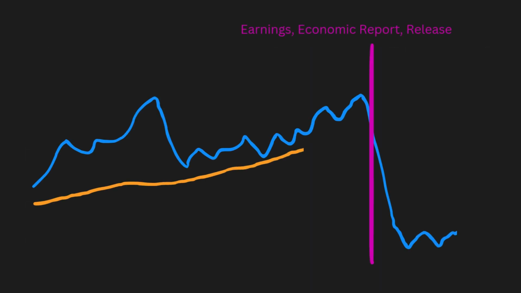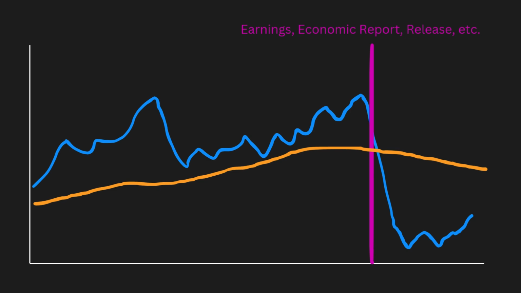This drop often happens when a significant market event that the market was anticipating, such as an earnings report, economic announcement, product launch, or other major news, occurs. Since implied volatility heavily influences the extrinsic value or time value of an option, a rapid decrease in IV can lead to a substantial loss in the option's price, even if the stock price moves in the expected direction.